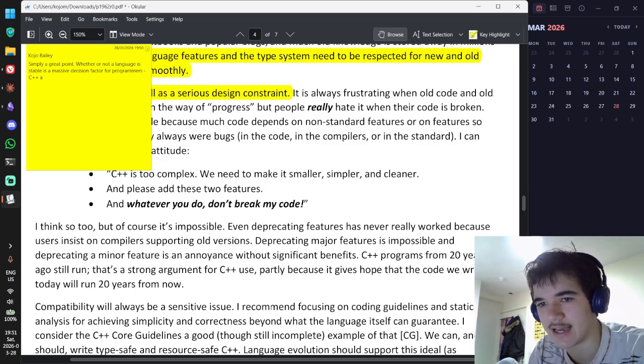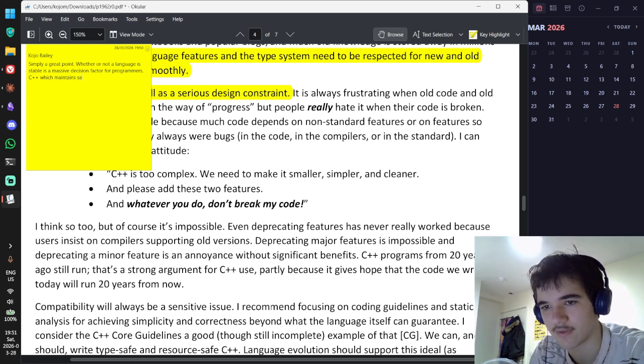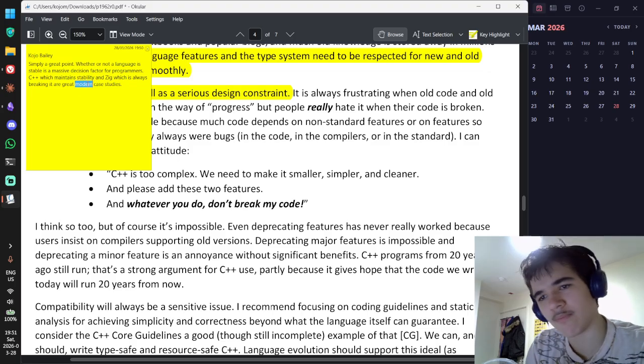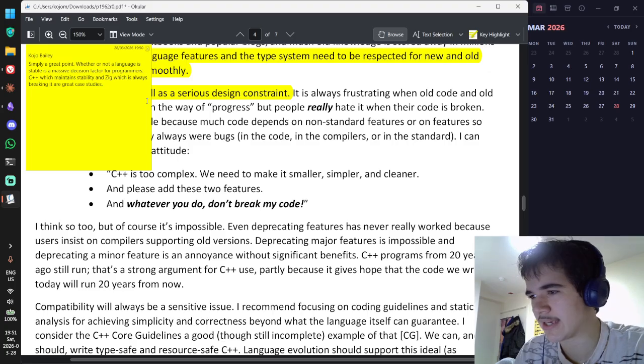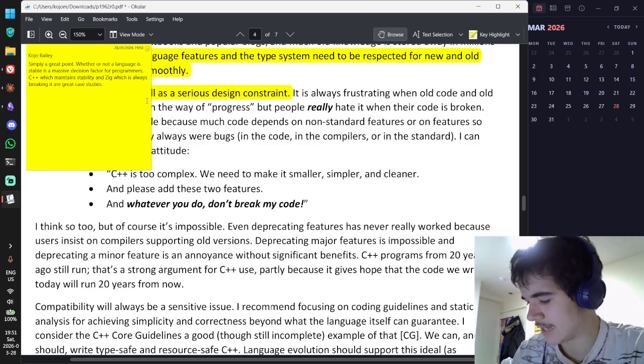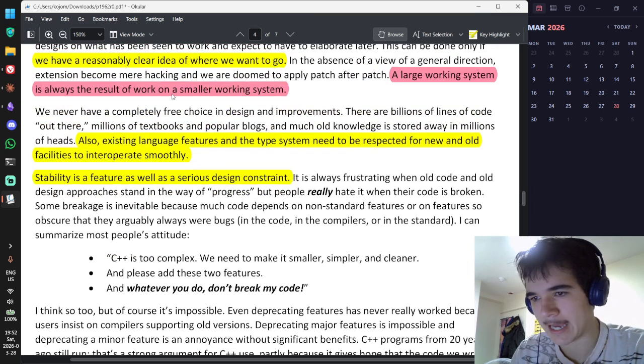C++, which maintains stability, and Zig, which is always breaking it, are great case studies, even just in general. Because if we look back on Zig in the future, let's say Zig gets to version 1.0, we'll still have that to look back on as a case study.